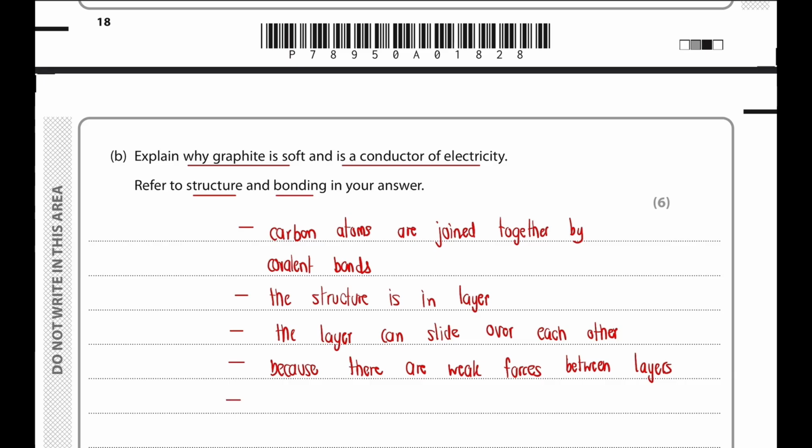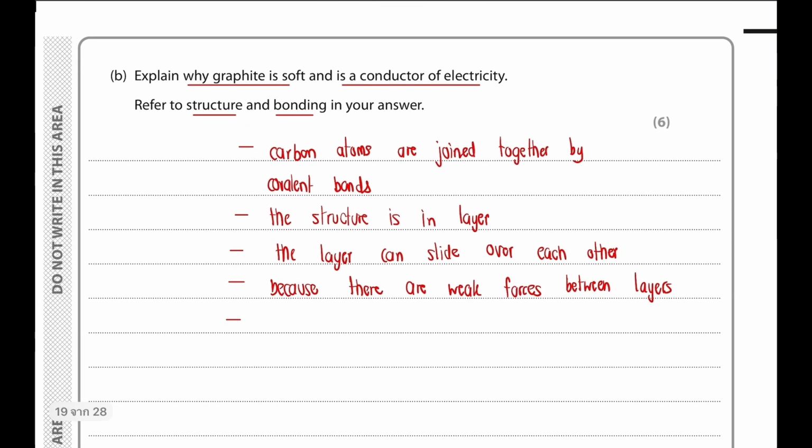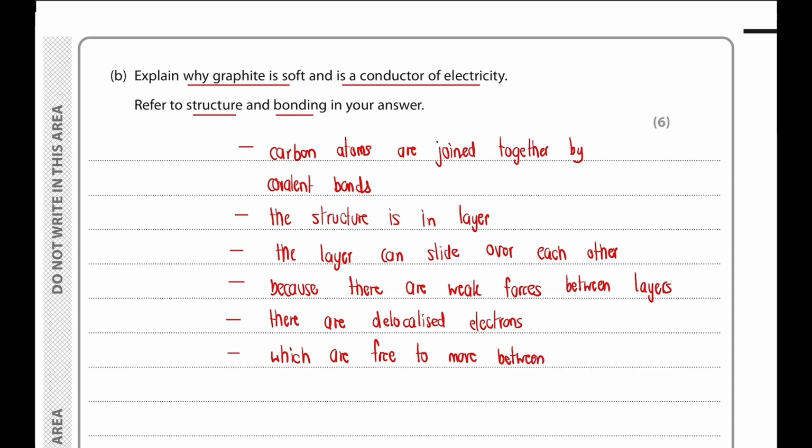The fifth point is there are delocalized electrons which are free to move between the layers.